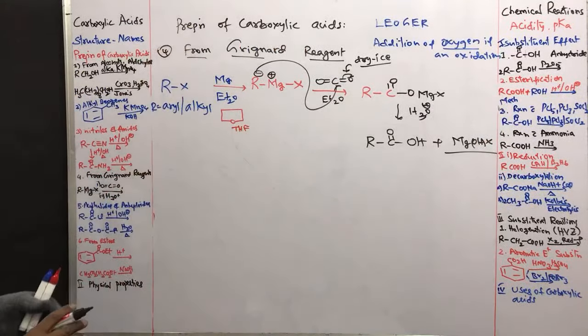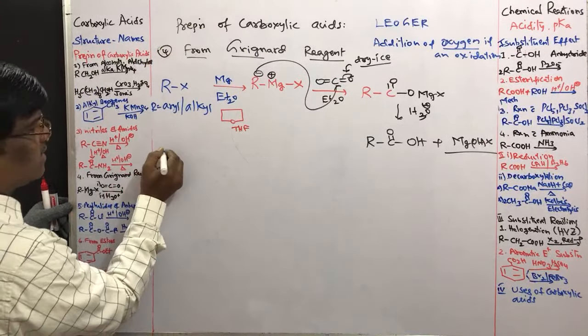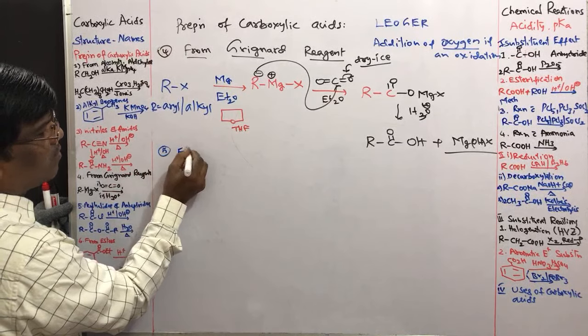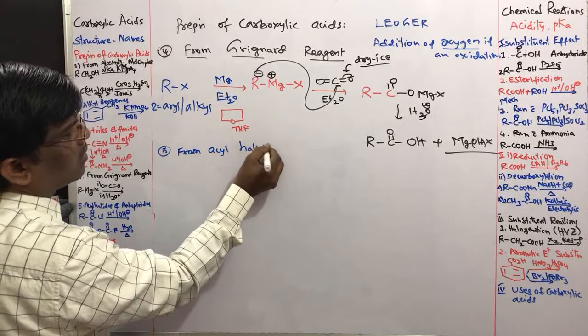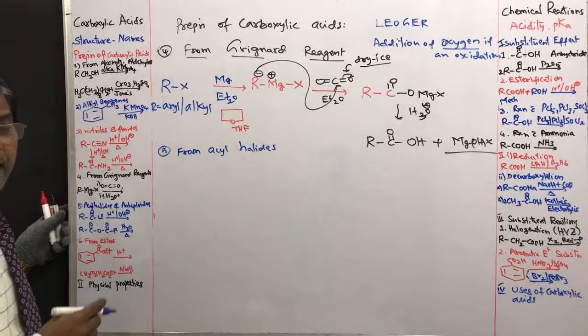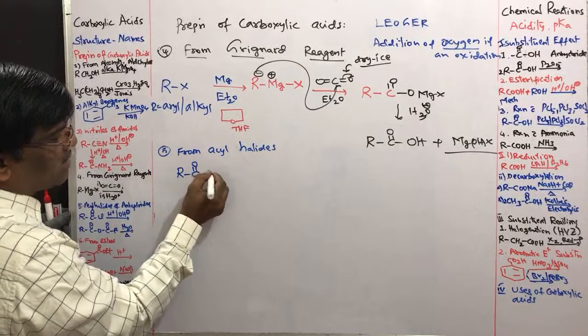And one more important method for the preparation of carboxylic acids is from acyl halides. What are acyl halides? At the beginning I said they are acid halides.